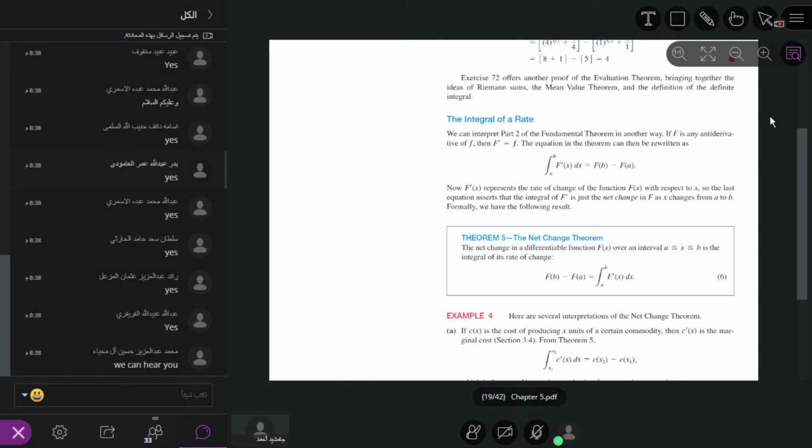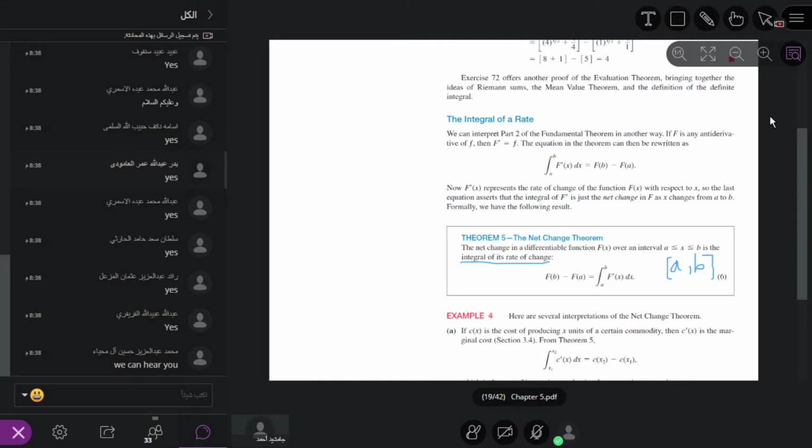It means we can take its derivative, and its derivative exists over the closed interval [a, b]. The net change theorem is the integral of its rate of change.